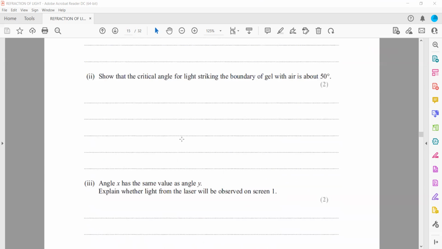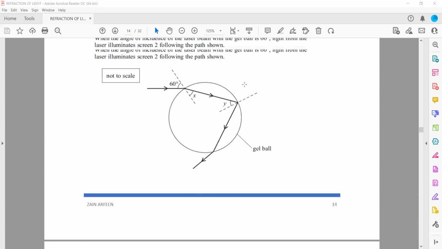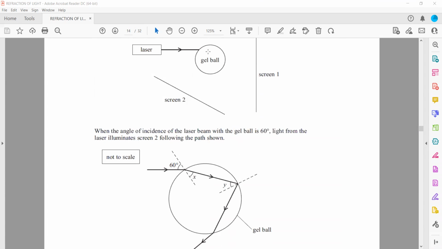The next part says the angle x has the same value as angle y. Will the light from the laser be observed on screen 1? Because on screen 1, if there is total internal reflection, we cannot see anything. But if there is simple refraction, as this angle is less than the critical angle, as they mentioned, angle x is equal to angle y. Angle x was 40.6, which is about 41.